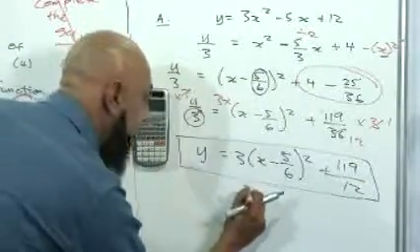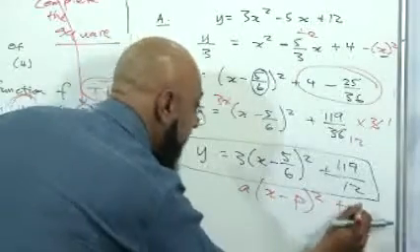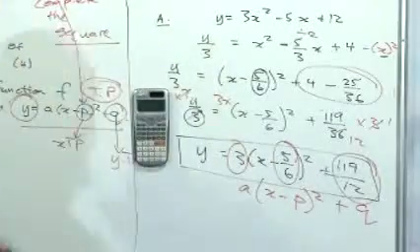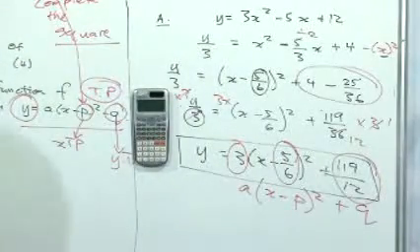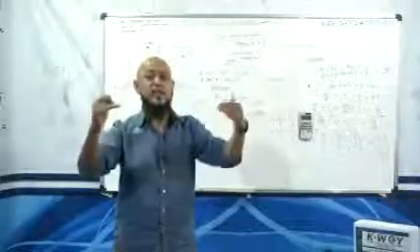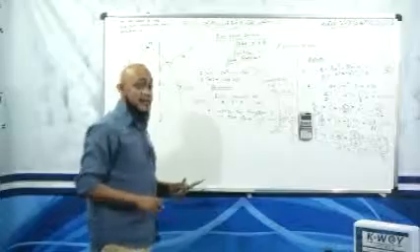And that's your final answer, a into x minus p all squared plus q. That's your a value, that's your p value, that is your q value. And there we go, guys. You'll get yourself 5 to 6 marks for rewriting your trinomial in completing the square form. Okay, that is the answer to that one.